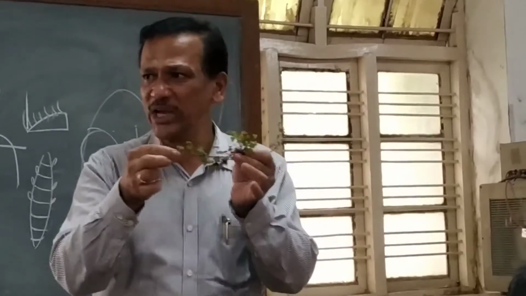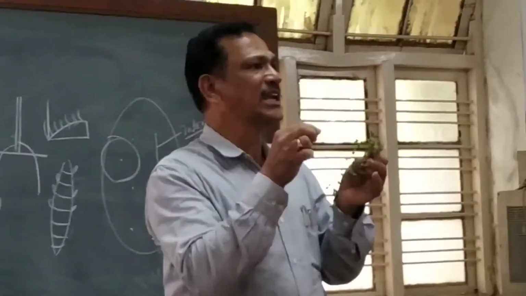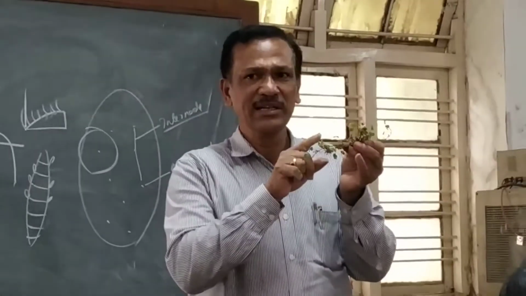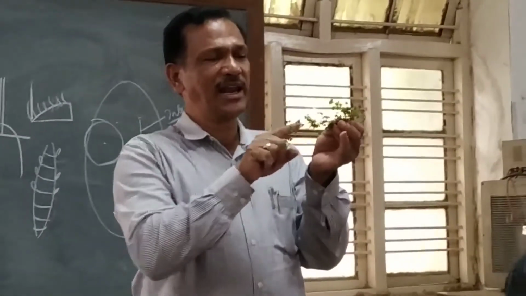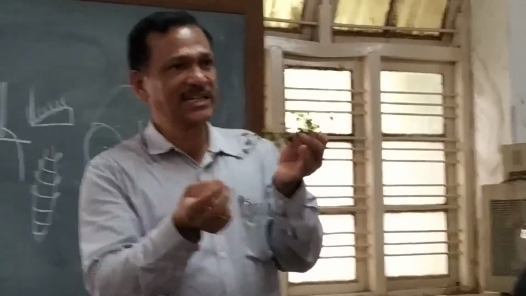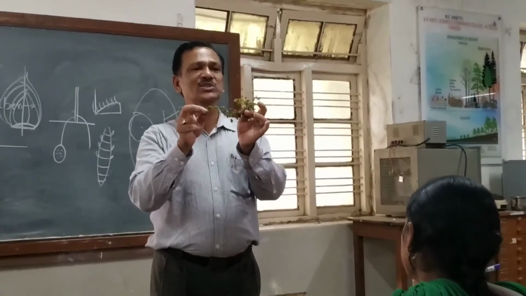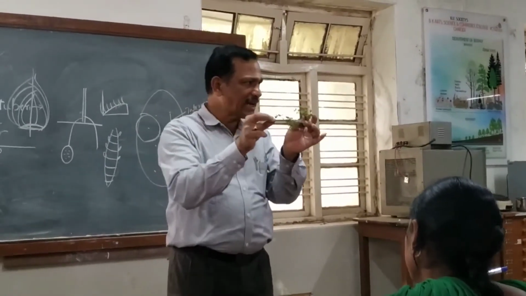When the plants are growing horizontally in the soil, the plant propagates with the help of a runner. Runner means some branches, they run parallel on the soil, and at the nodal region they get the connection with the soil and adventitious roots develop. You can see the adventitious roots very clearly here.